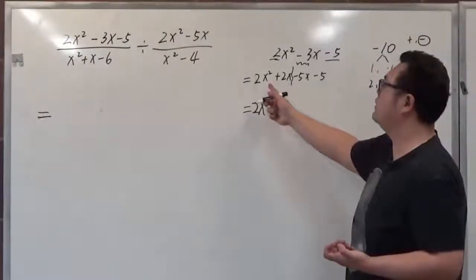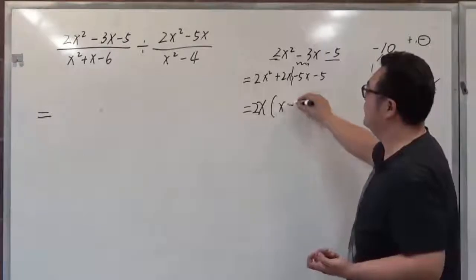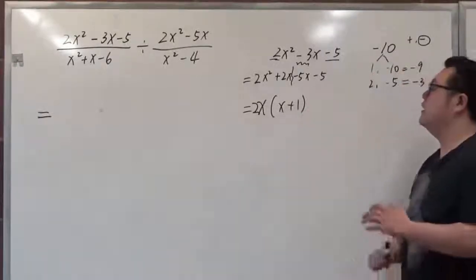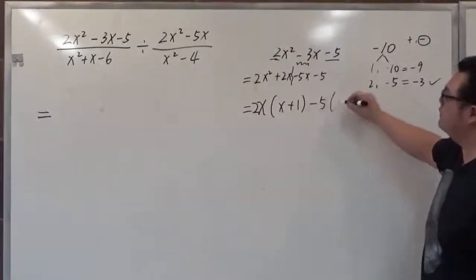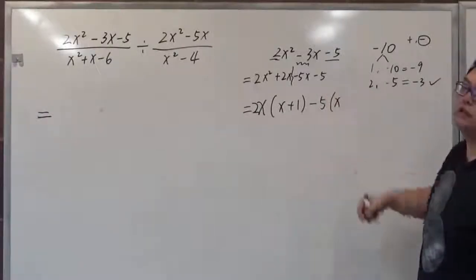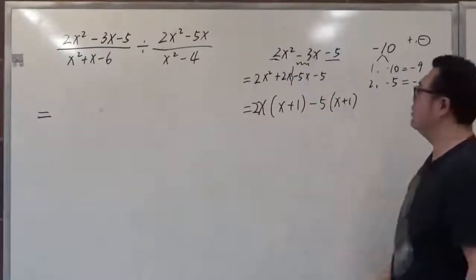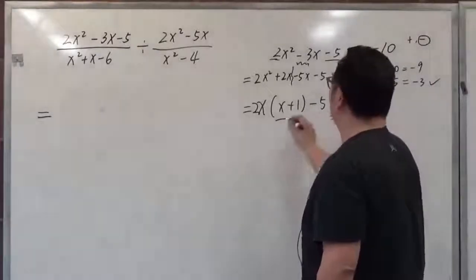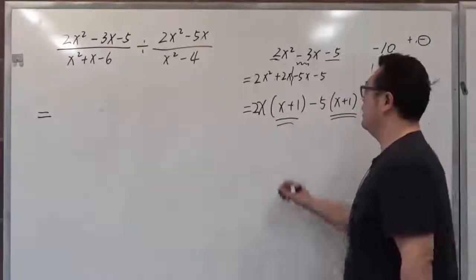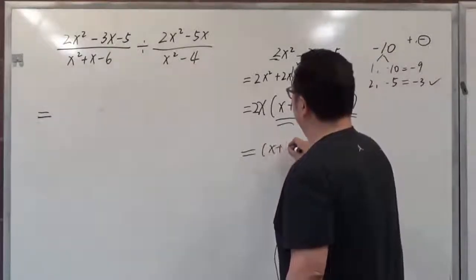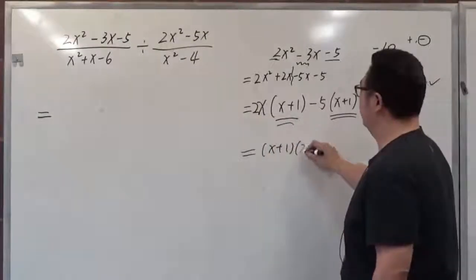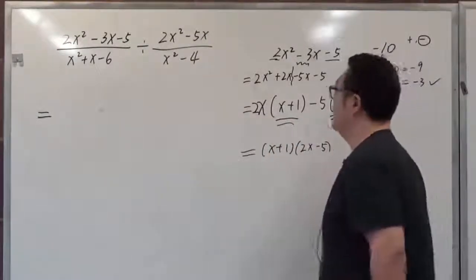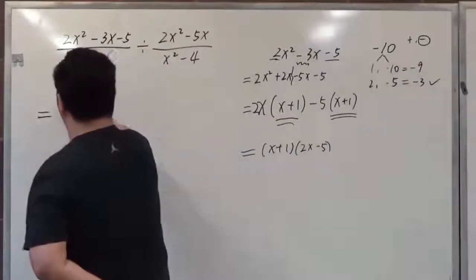When we factor the 2x out, that leaves x plus 1. Then in the second group, negative 5x minus 5, we factor out the negative 5. Dividing, that gives us x and positive 1. So our common factor again is x plus 1, and the remaining factor is 2x minus 5. So that's our first expression.